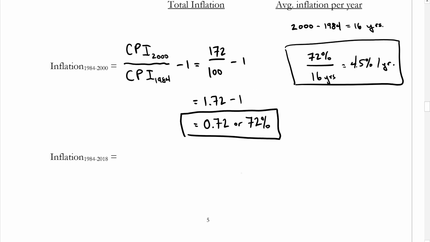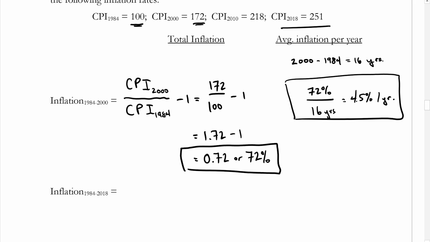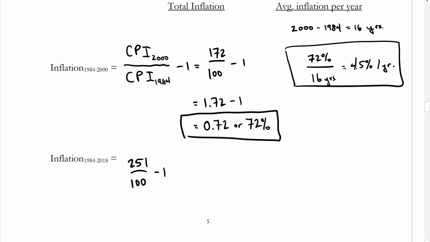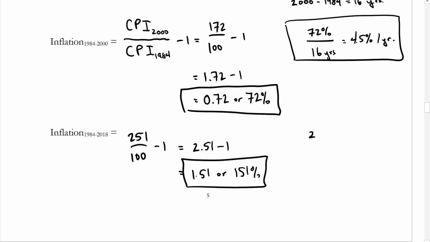Similar for the next couple, so 1984 to 2018. CPI in 2018 is 251, again divided by 100. 251 over 100 minus 1 is equal to 2.51 minus 1, 1.51, or 151%, is the answer for total inflation in that time period, 1984 to 2018.